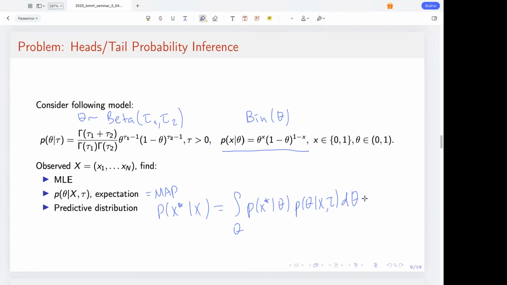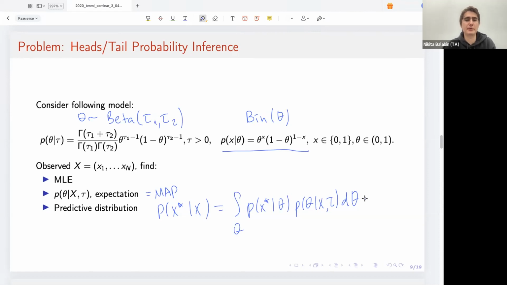Are tau 1 and tau 2 some fixed parameters? Yeah, they are some fixed hyperparameters.